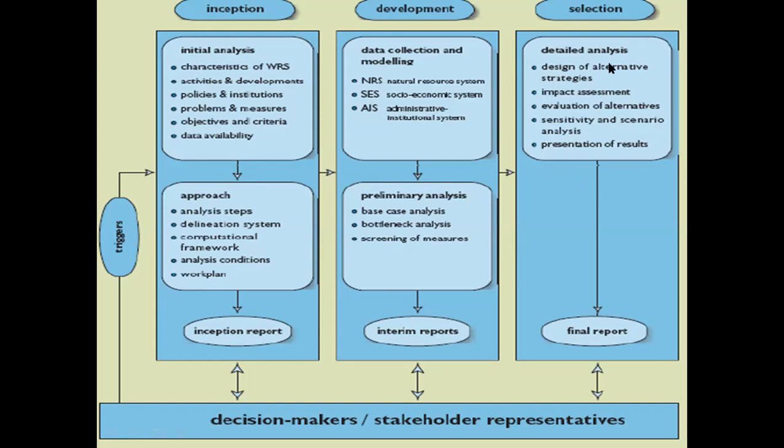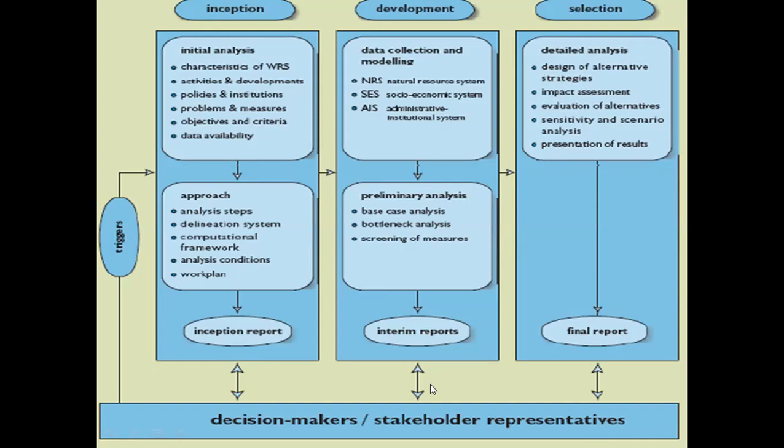These alternative strategies are checked with their impact assessment. Whatever alternative strategies are made, the impact is assessed earlier, and there is a presentation of all these reports, and then with all this data we make a final report.